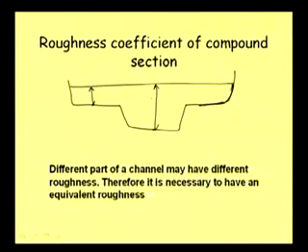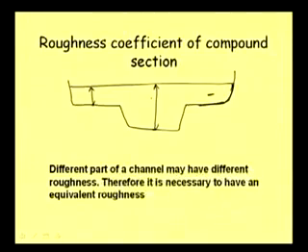So, that way the roughness, because roughness is coming from basically bed and the side, the roughness characteristic of this will be definitely different. This we call as a flat plane, and that sort of flow will be there, and this is the main channel, this we call as a main channel.